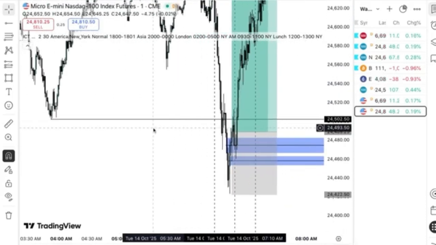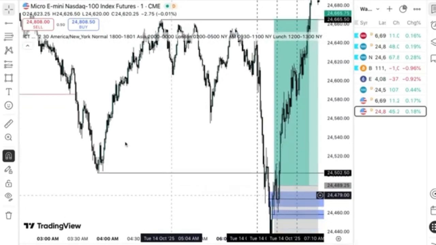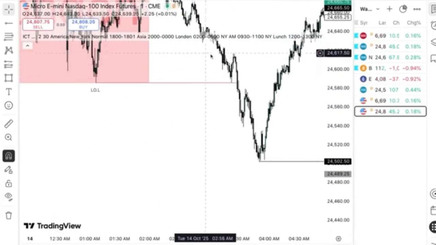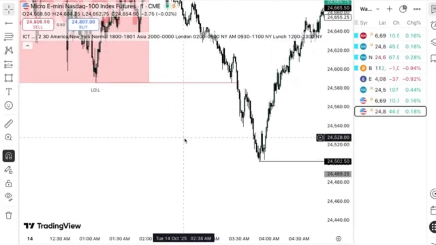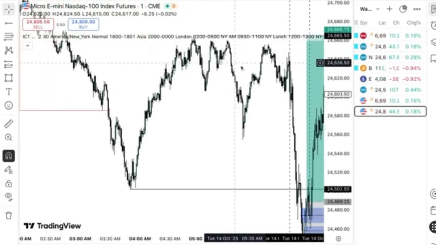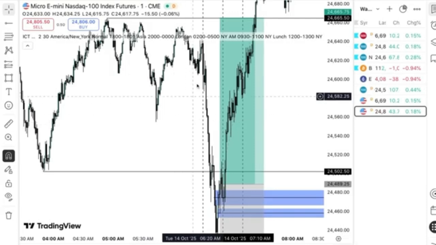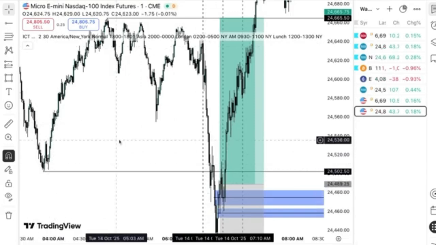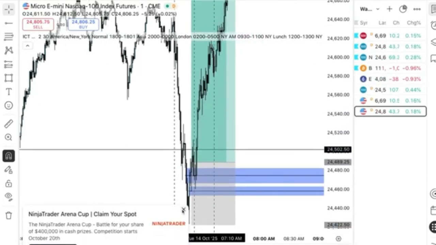Honestly, it was a pretty perfect trade to me. It was an A+ trade. So yeah, we came down, took out London session low, came up, created equal highs. During market open, we ran down the pre-market low, 15-minute low.